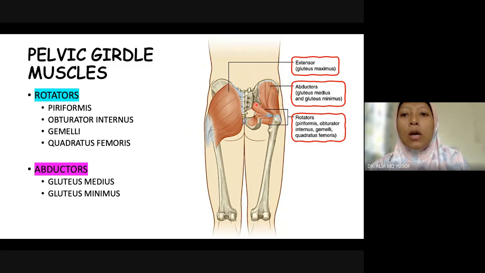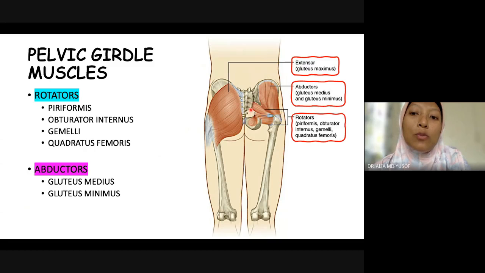Okay. These five muscles have different origins, but they have similar insertion. They insert themselves at the intertrochanteric crest at the posterior part of the femur. The piriformis originates from the lateral border of the sacrum.